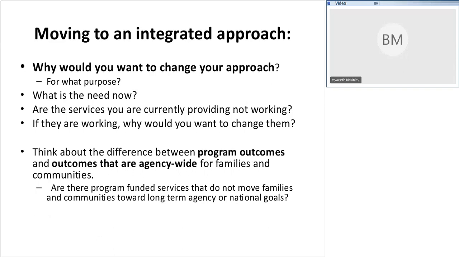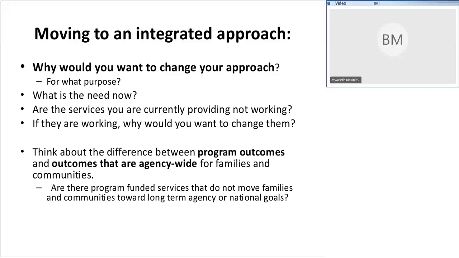So you need to really start thinking about this difference between the program outcomes and the agency-wide outcomes, and how one of those moves people towards self-sufficiency, and one is really about services and more services.